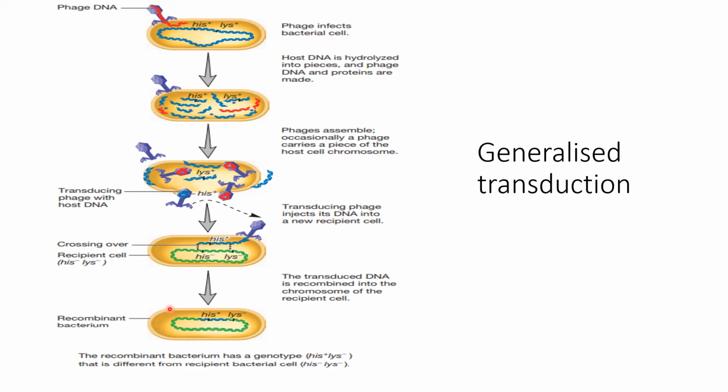So the recipient bacteria has undergone some kind of change here because of the DNA that has entered inside through the bacteriophage, isn't it? So what has happened basically here, the gene of the donor bacterial cell has entered inside the recipient bacterial cell and has changed the recipient bacterial chromosome.